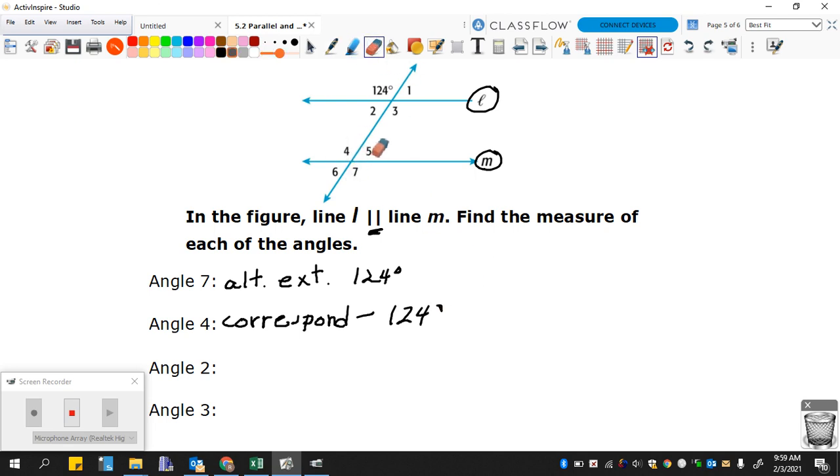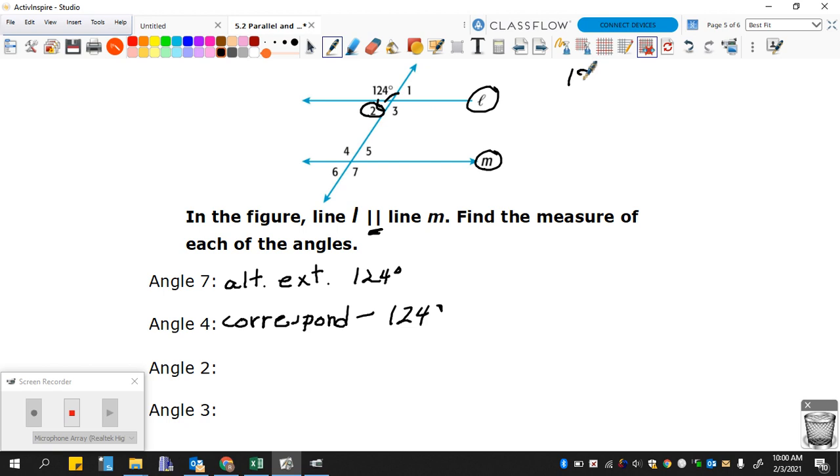Angle 2. Okay, so angle 2 is right here. And you may say, well, wait a minute, we didn't talk about that. Well, not in this lesson, but in previous lessons, we talked about that if two angles put together form a straight line, they're supplementary. So this angle here and this angle here form the straight line. So they're supplementary, which means they add up to 180 degrees.